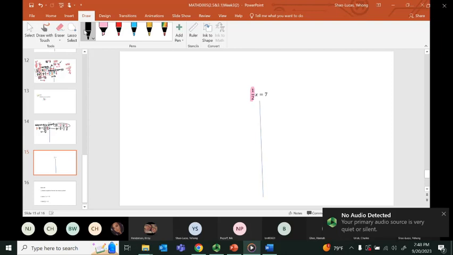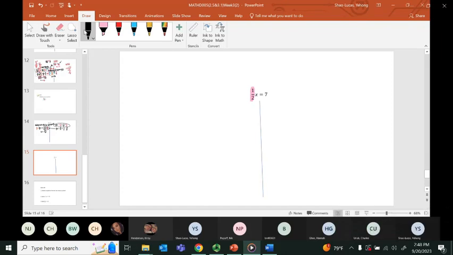Okay, so you can multiply by 2/1 or multiply by 2. In this case, because you want to get rid of this 2 on the bottom, we could multiply by 2/1 on both sides, and because this 2 cancels that 2, you just end up with x equals 14.